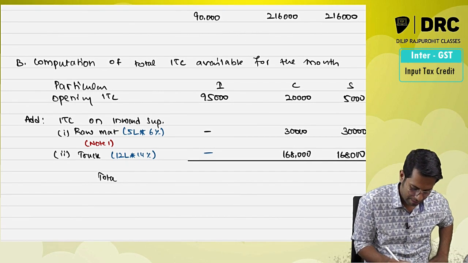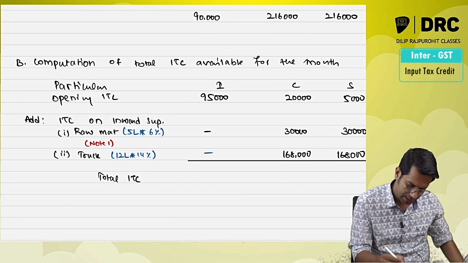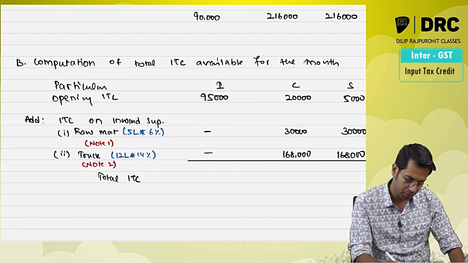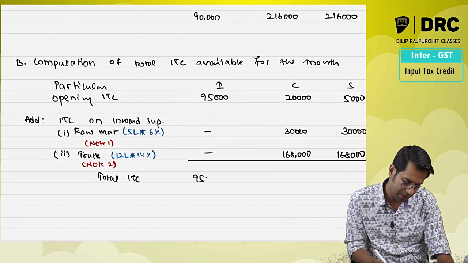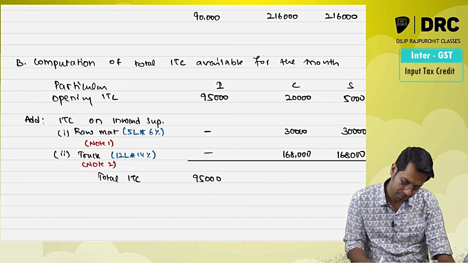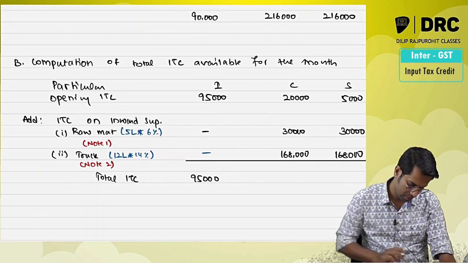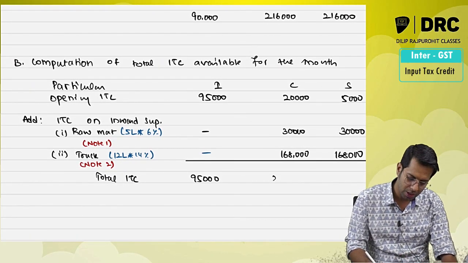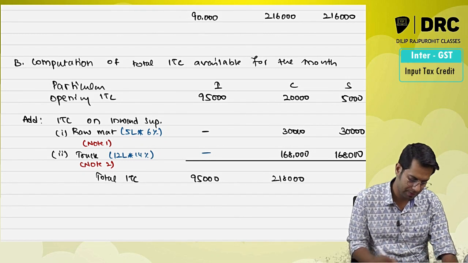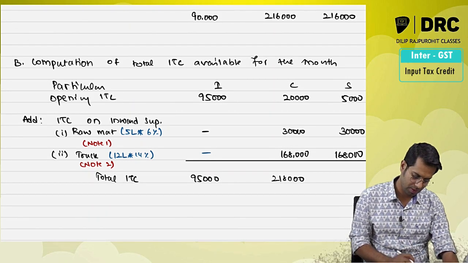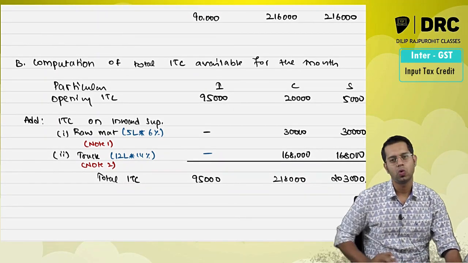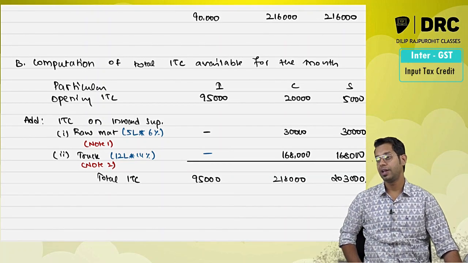So total ITC. So here also a note number 2. 95,000, 2,18,000 and 2,03,000. So this is the total input tax credit which is available with you.